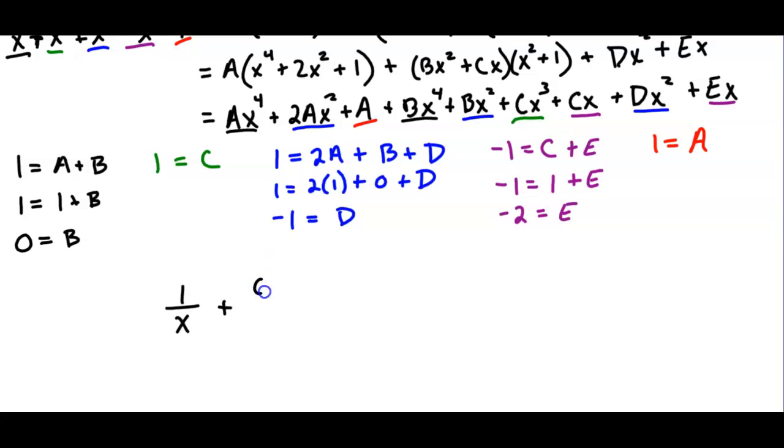Well, that's going to be a 0x plus c, which was 1, over the x squared plus 1. I wouldn't put the 0x, I would just leave it out, but I'll do that in the next step. Plus, and then d was a -1x. D is -1, but it was dx, so -1x, and then e was -2.